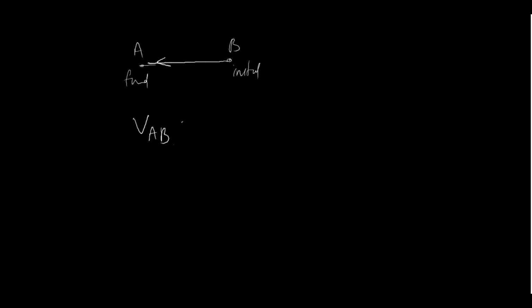VAB is equal to minus the integral from B to A of E dot dl. Remember this.